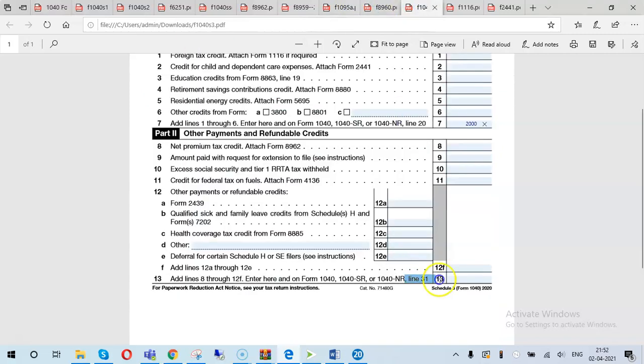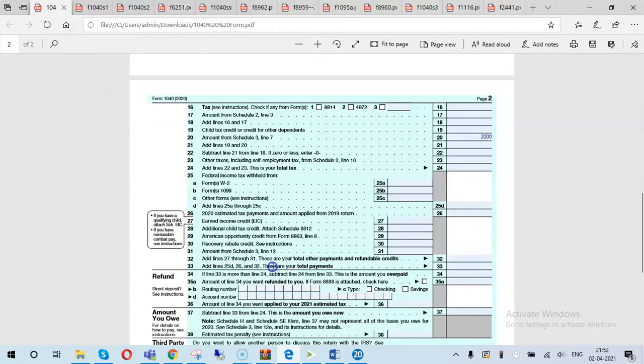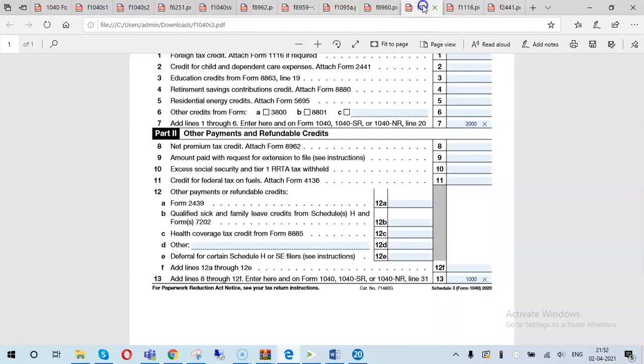Like if the total amount comes to $1000, this should come to line 31 of 1040 as $1000.